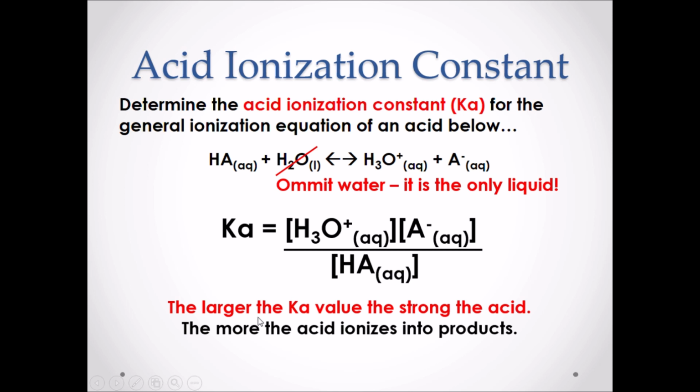If Ka is a larger value, that means that the products are more favored. Therefore, the acid is ionizing to produce more H3O+ and A-. Again, a larger Ka value represents a stronger acid.